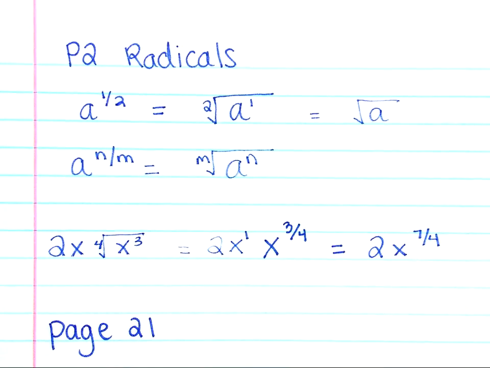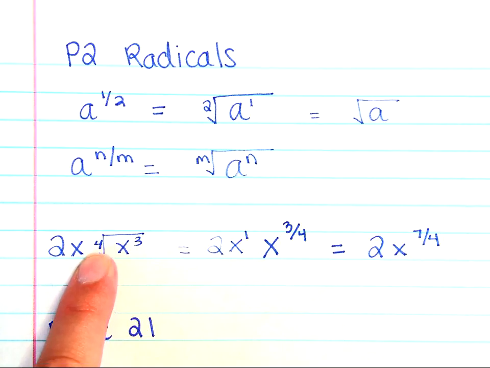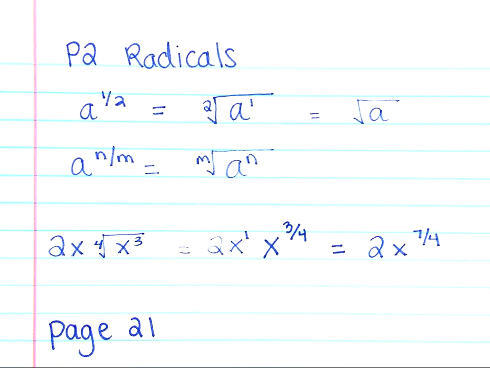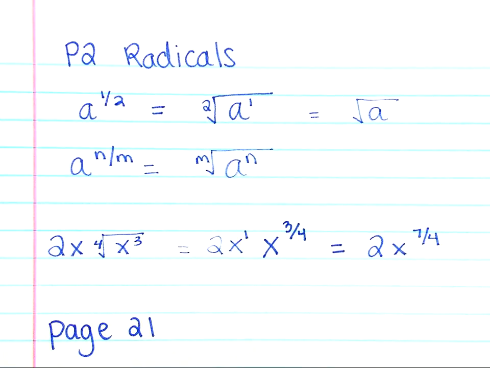It says radical expressions can be combined, meaning added or subtracted, if they are like radicals. That is, if they have the same index, so that would be the number outside the radical, and radicand, which is a fancy word for the number or variable underneath.